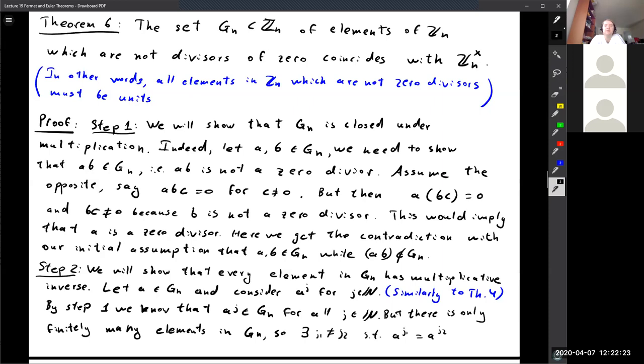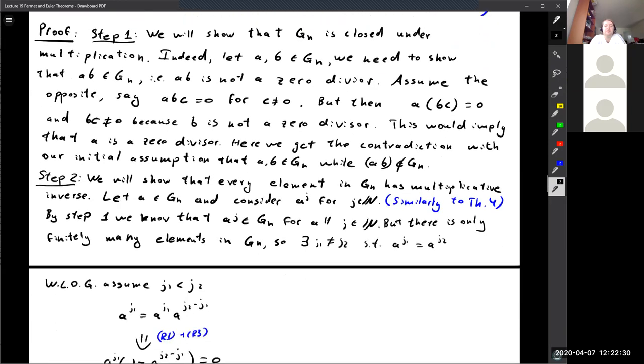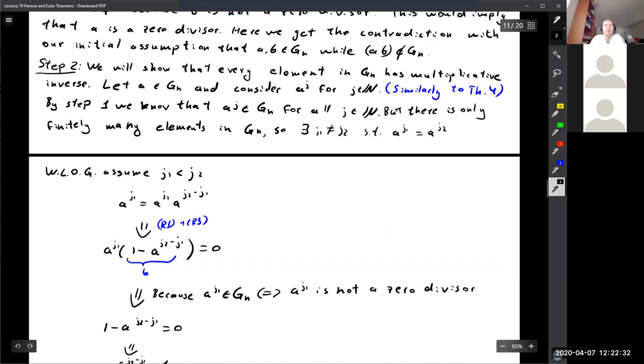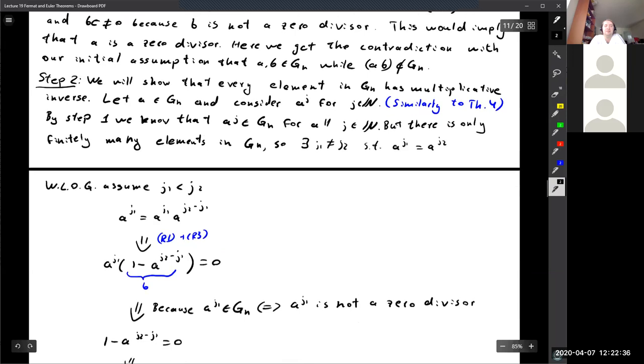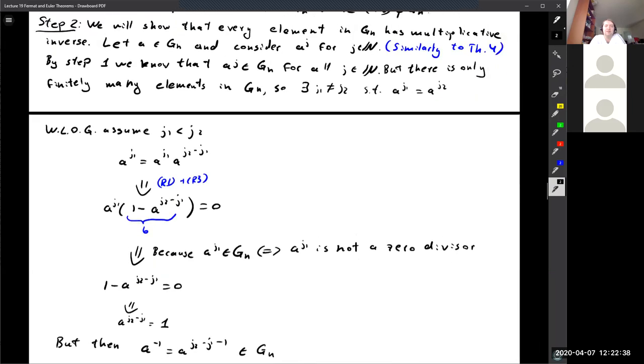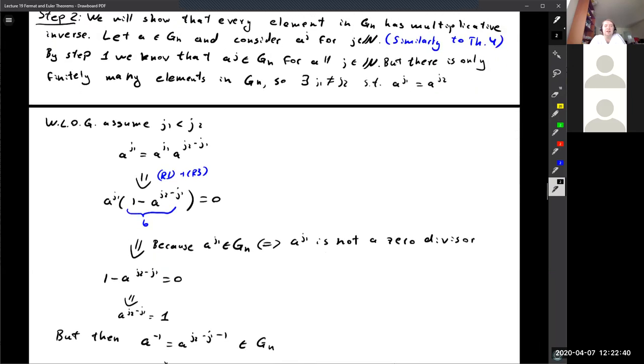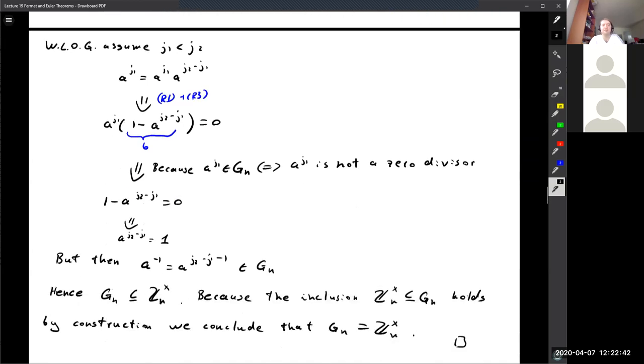But this by itself doesn't imply that they are invertible. And that's precisely what we did in step 2, which is very specific to the case when this set Gn is finite. Remember, this trick will never work when Gn is infinite.